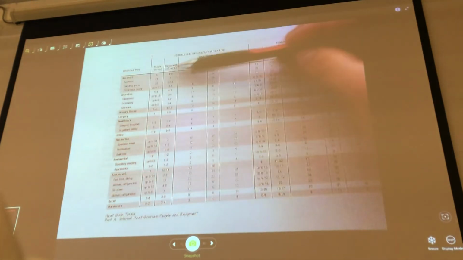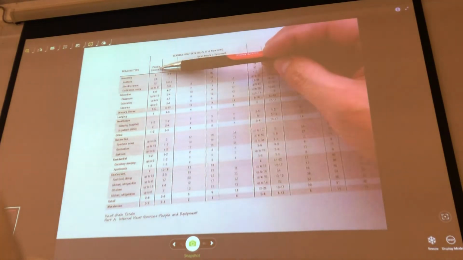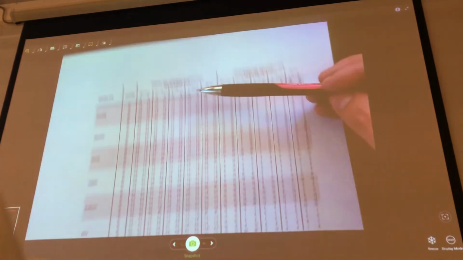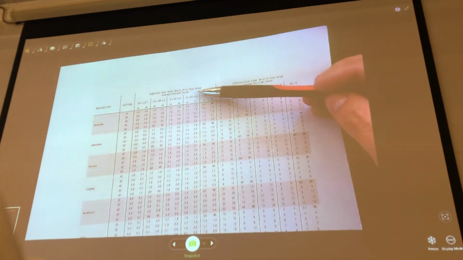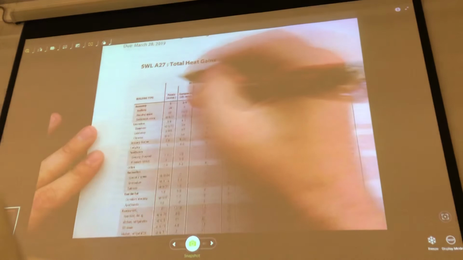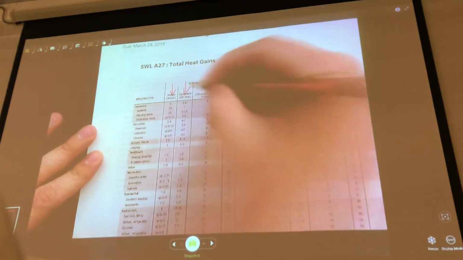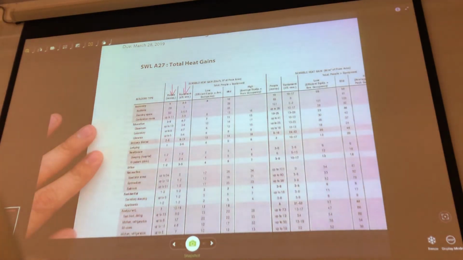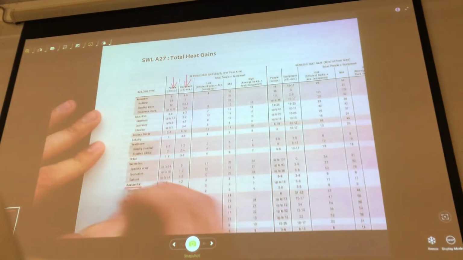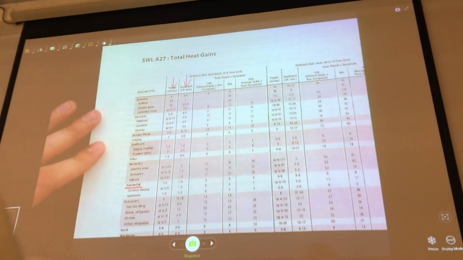Right here is going to give us all of our heat gains from people, all of our heat gains from equipment, and then over here is all of our heat gains for lighting. So let's look at people, let's look at equipment, and we're designing a residence. I'm just designing straight up residential.